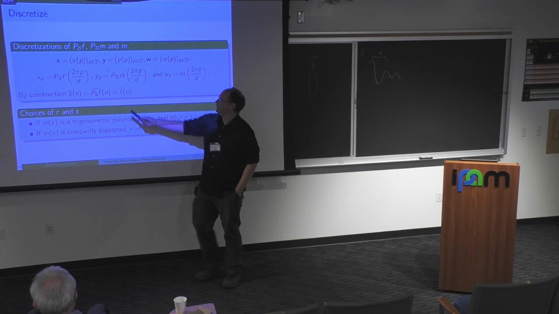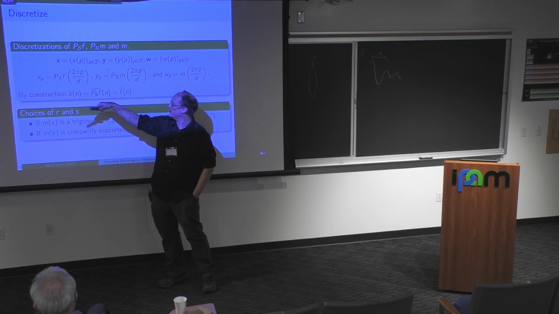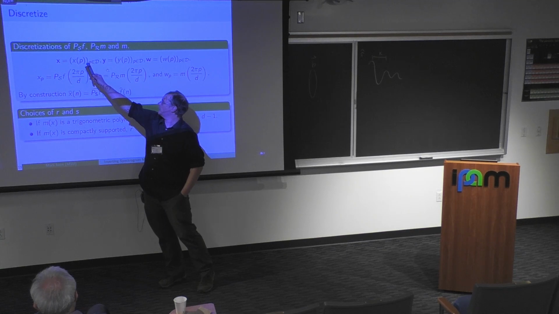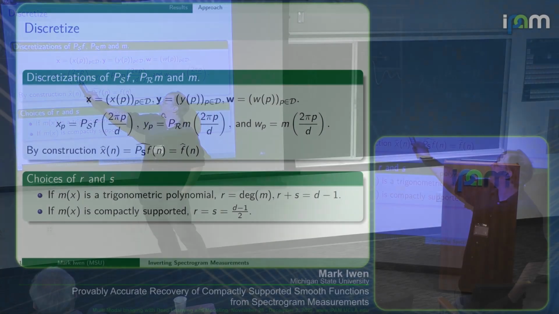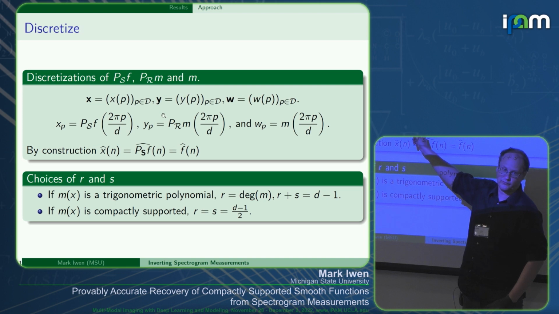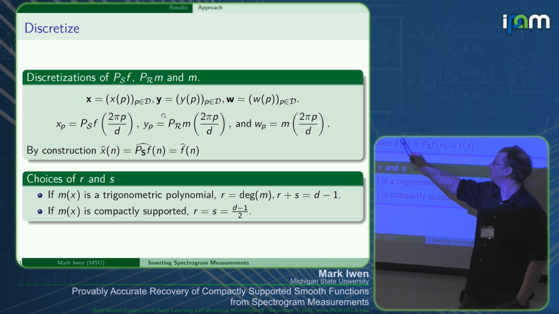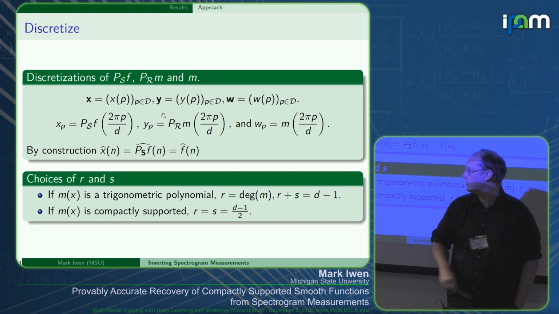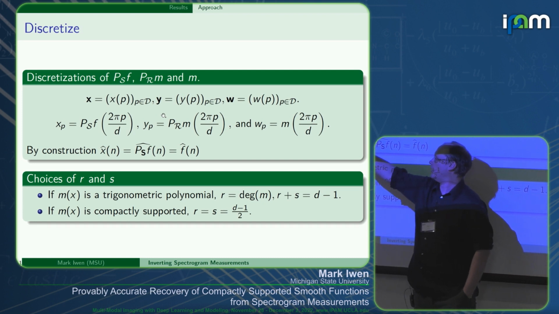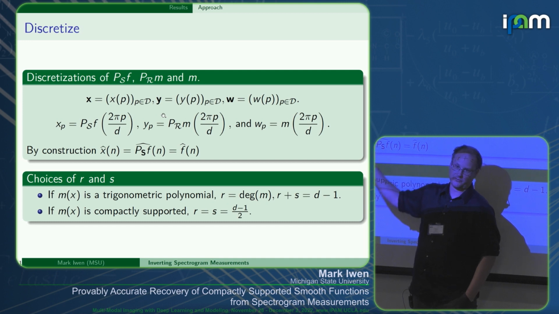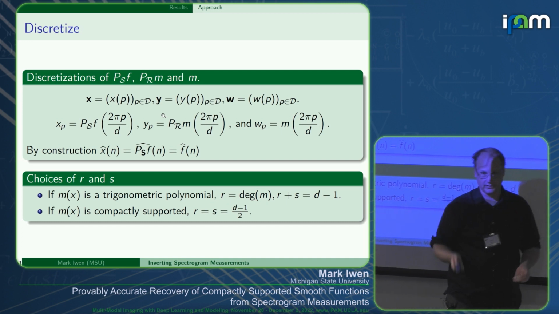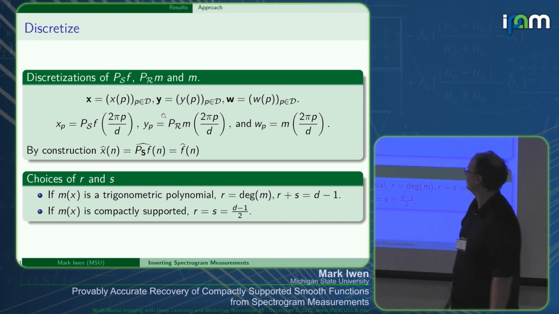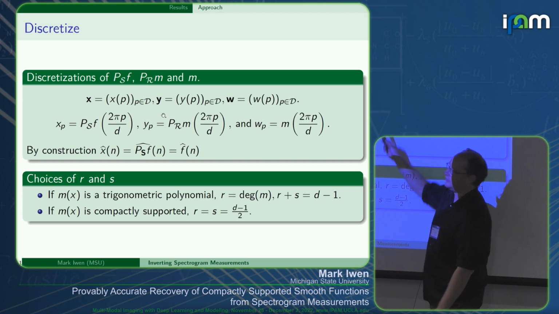Once you've made things finite in frequency space, you can take a set of equally spaced samples in space. So x, our finite object, is going to become equally spaced samples from that trigonometric polynomial approximation of f, and now I have a concretely finite object that I can try to recover. Same thing for m.